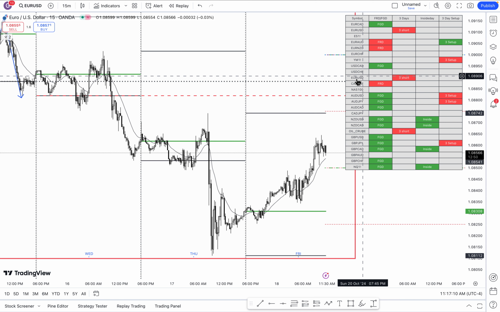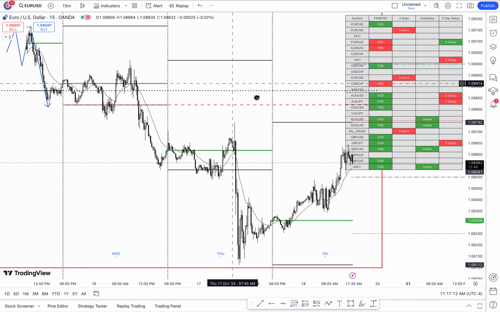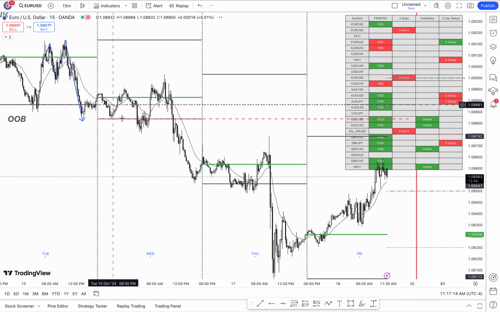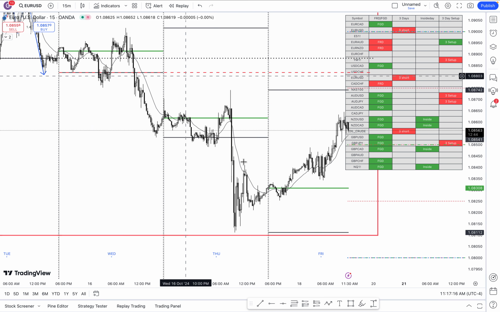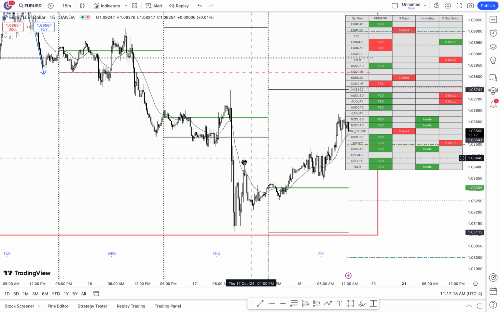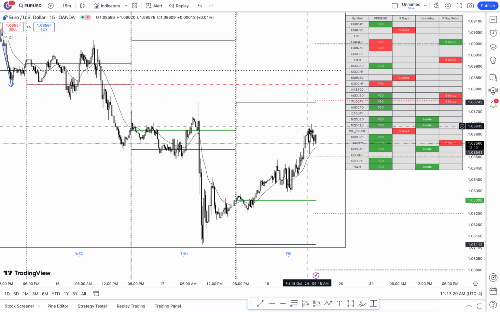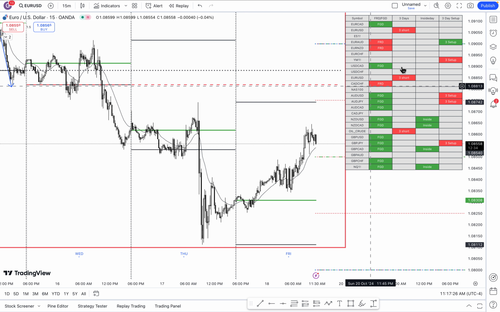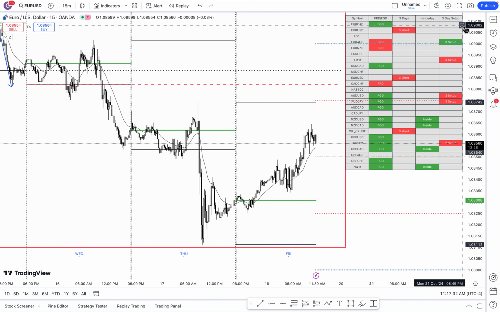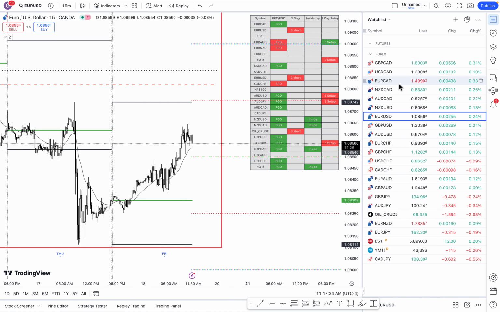You can see day 1 short, day 2 short, day 3 short that closed in breakout, and they reversed on Friday. So now if this market closes above the previous close, the indicator will show it in the screener as an inside first green day. It's very clear, it's very obvious.